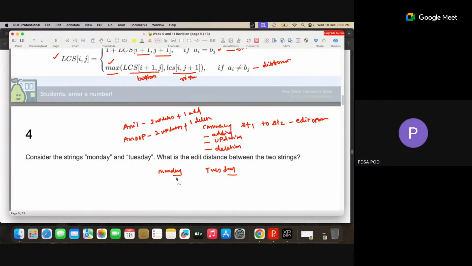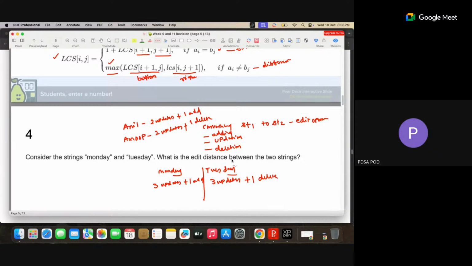The MON has to be converted into TUES, so I should do 3 updates plus 1 addition of a character. Is it right? Yes. This is Monday to Tuesday. Similarly, if we want to convert Tuesday into Monday, I need to do 3 updates and 1 deletion.